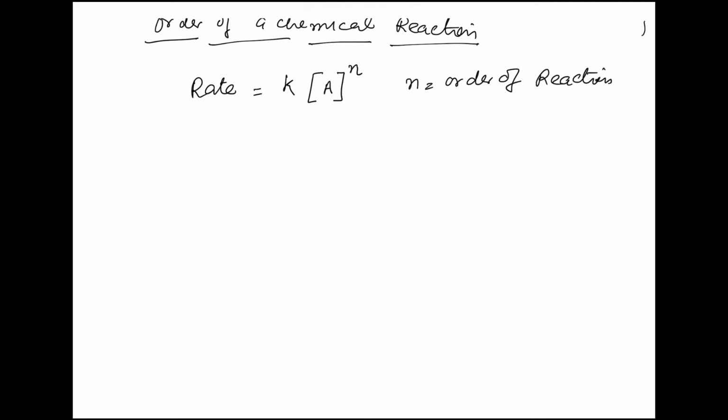In our previous class, we have studied how to determine this order of reaction by half-life method. Now we shall study how we can determine the order of a chemical reaction by graphical method.